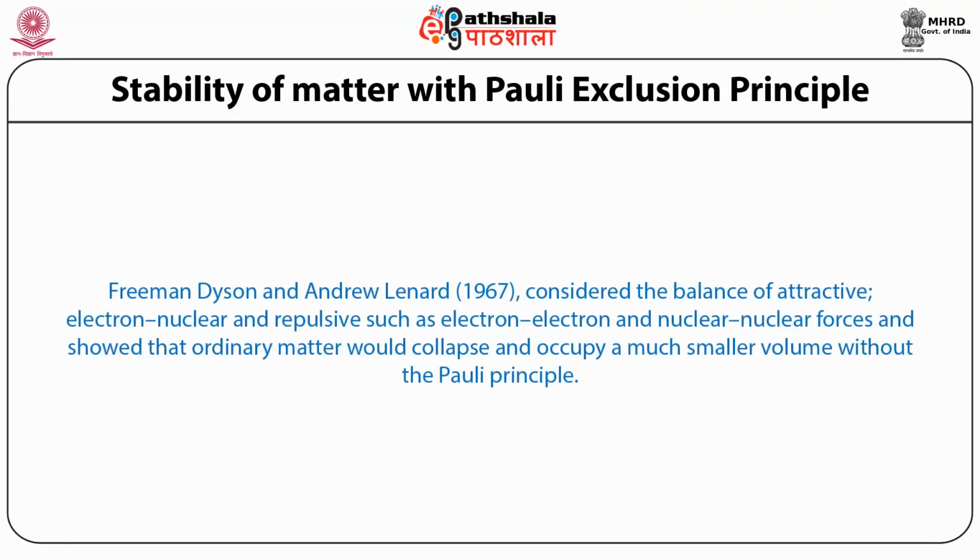Freeman Dyson and Andrew Lenard in 1967 considered the balance of attractive forces, such as electron-nuclear, and repulsive forces, such as electron-electron and nuclear-nuclear, and showed that ordinary matter would collapse and occupy a much smaller volume without the Pauli principle.